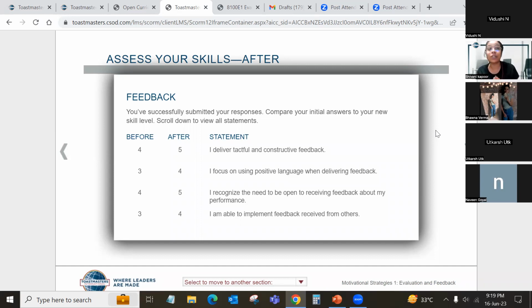All this comes with experience. For example, it's Vidushi's speech and she has given 3 speeches, and in all 3 speeches the evaluator was Ashish, for example. But this is not what I would suggest. I make sure that there is a shuffle of evaluators.